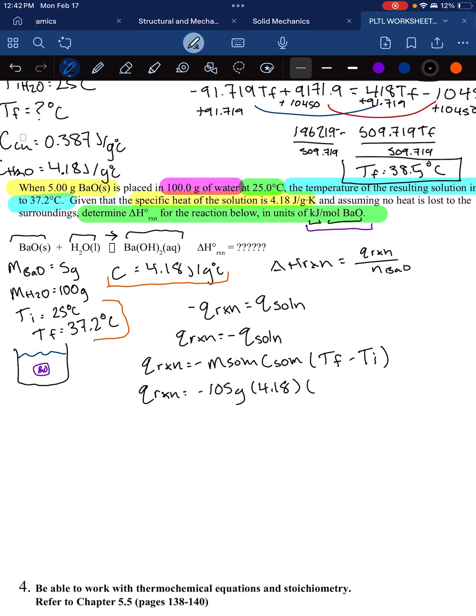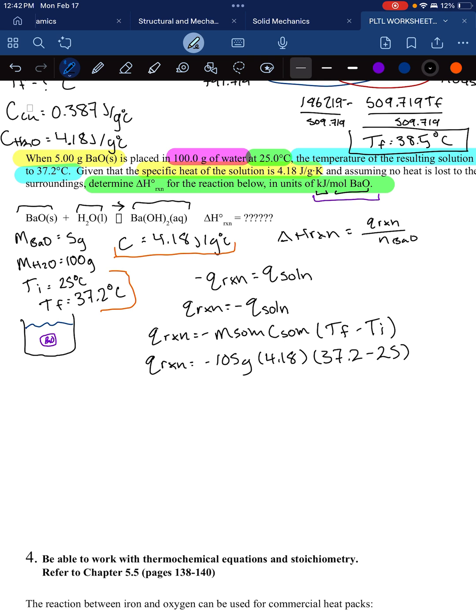And now, since it increases, it's final minus initial. Well, it's always final minus initial. But since it's increasing, we're going to have a positive. So we'll solve for Q of the reaction. Let's see what we get.